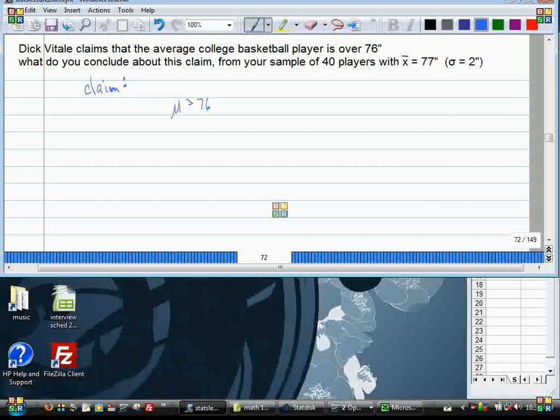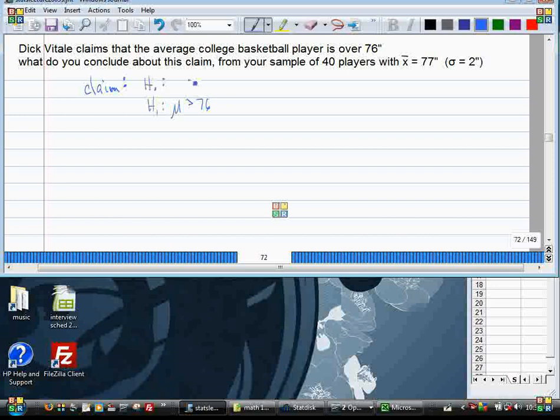Now when we do a hypothesis test, we have to write down two hypotheses. So then the thing you have to recognize is, is this H0 or H1? This is H1, because when you write down H0, how do you always write it? H0 is always equals. See, now it's easy.